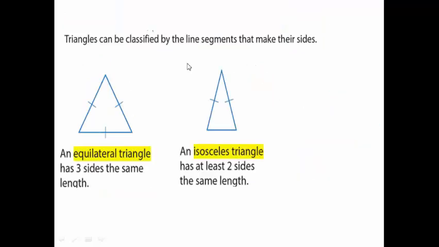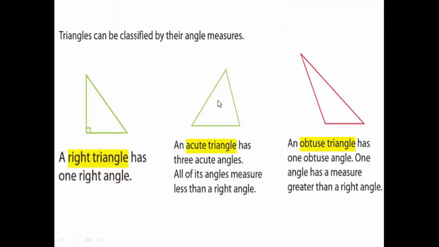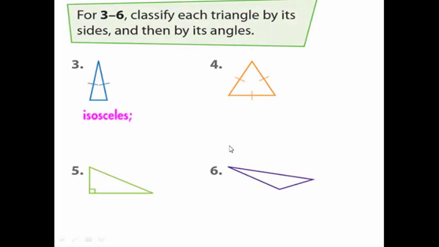What do we call it? If I have three acute angles, we'll call it an acute triangle. So we'll call it isosceles because it has two equal sides, and also acute because it contains three acute angles.